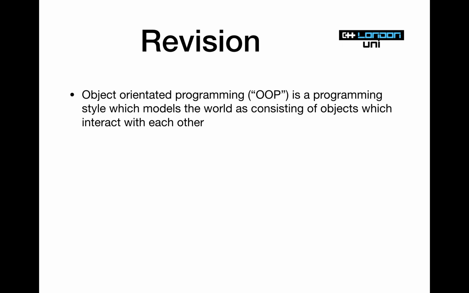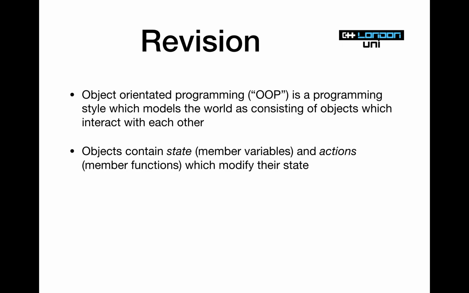We model the world, whatever domain we're interested in, as consisting of concrete objects, which interact with each other in various interesting ways. In particular, in OOP, we say that objects have state, and they have actions, normally called methods in most languages, which modify that object's state.